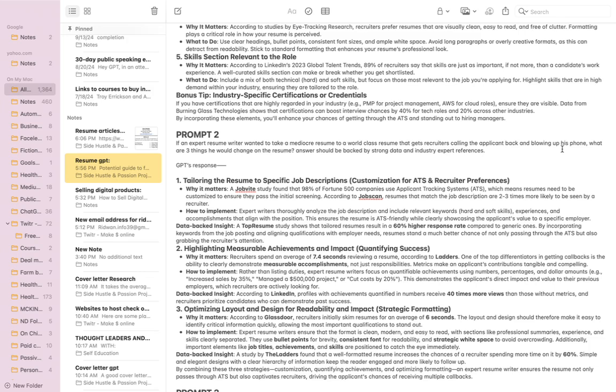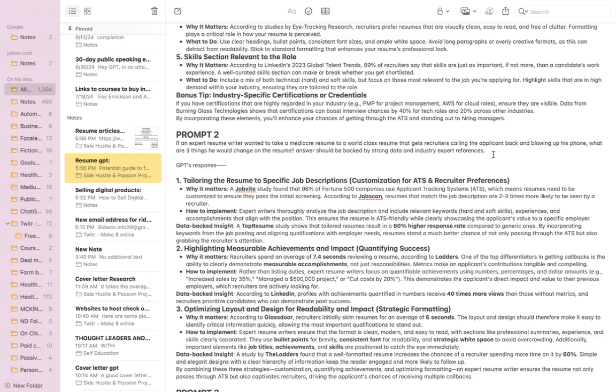It takes that and has a way of interpreting it and giving you a very good result when you phrase your prompts like this. So what does it really mean when the resume is so good that recruiters are calling the applicant and blowing up his phone? Well, it just means that they probably love the resume.